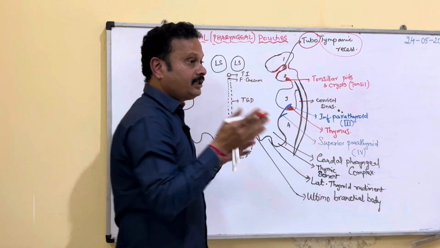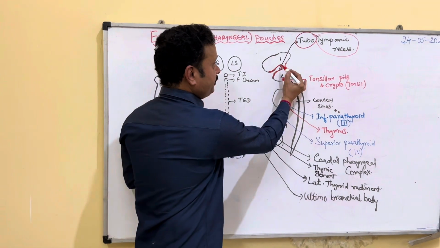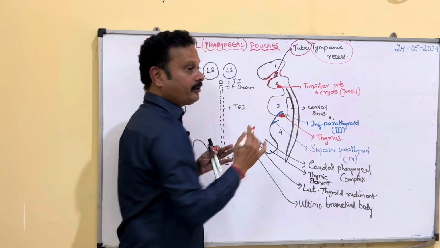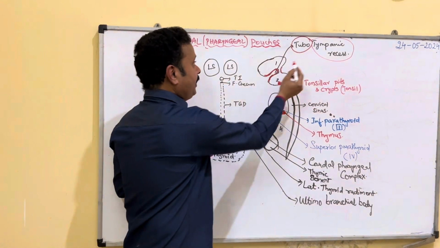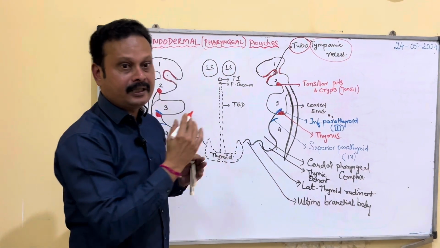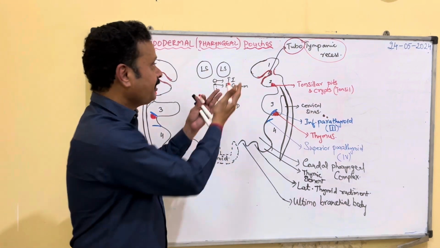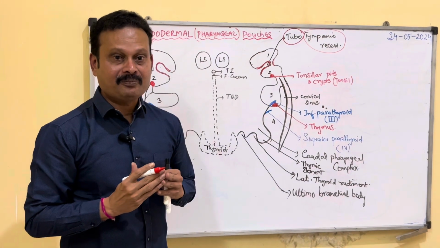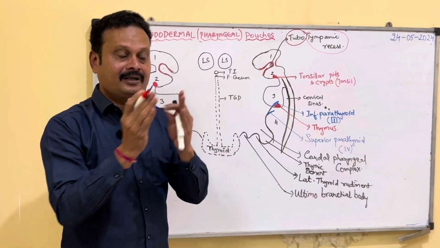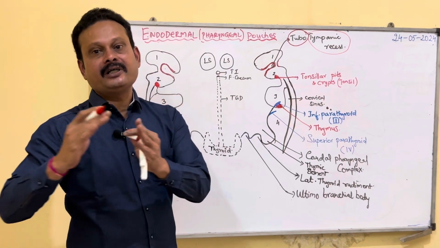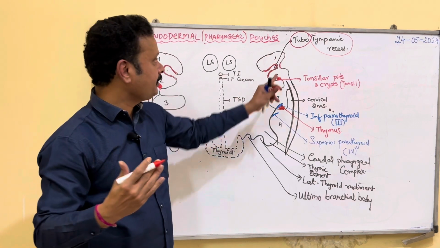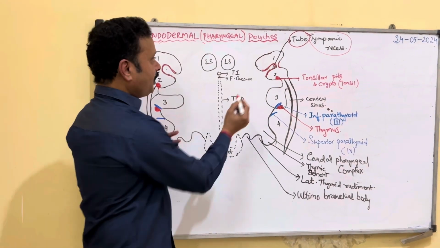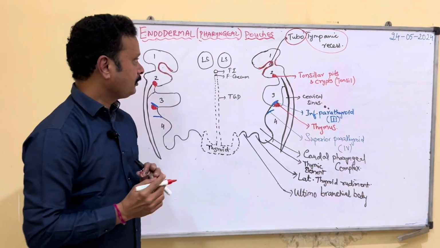The fibrous layer, the middle layer, develops from the mesoderm of the first arch, and the inner layer, the mucus layer, is derived from the first endodermal pouch. So the tympanic membrane has 3 layers from 3 different sources: outer layer ectoderm, middle layer mesoderm, inner layer endoderm.